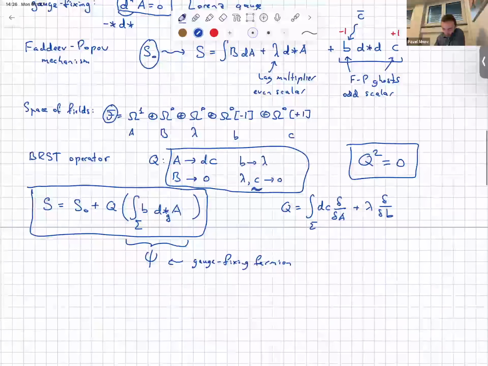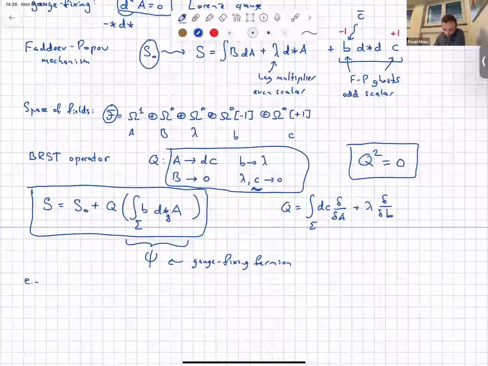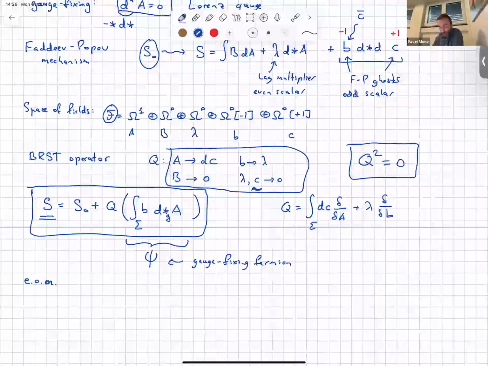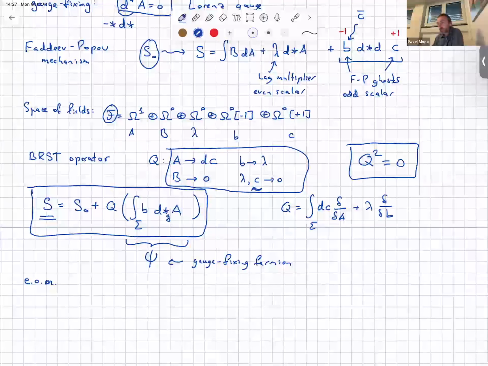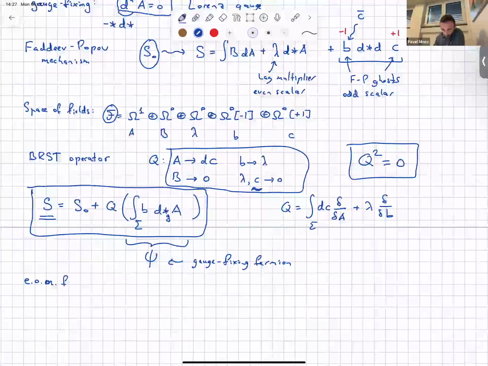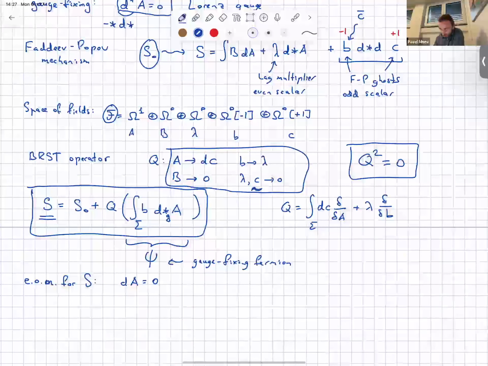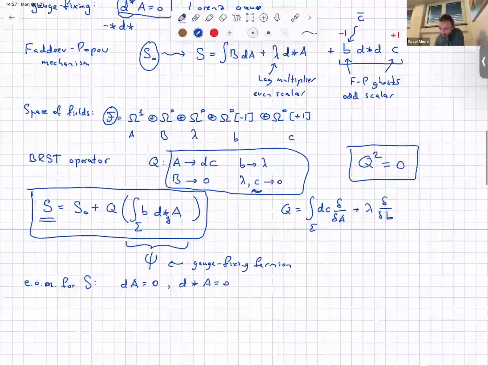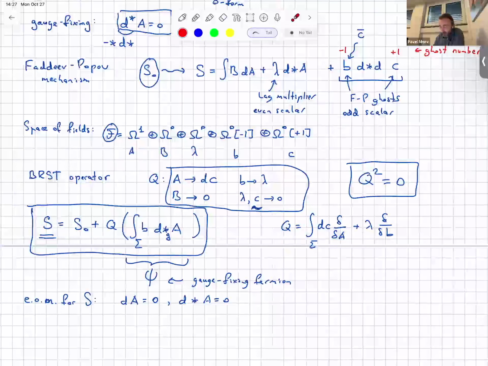Now, let me also write down the equations of motion for this new action S, the Faddeev-Popov or BRST action. They are the following: dA is 0. These are just the equations of the critical point. Now, d star of A is also 0. You extract the equations of motion from taking derivatives with respect to various fields.